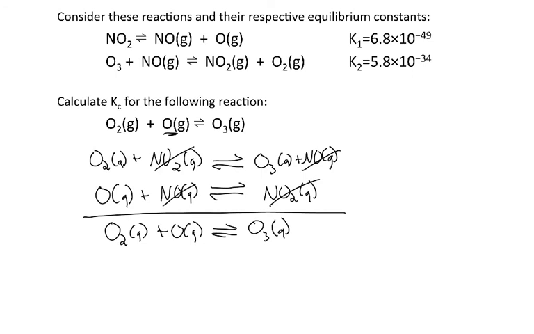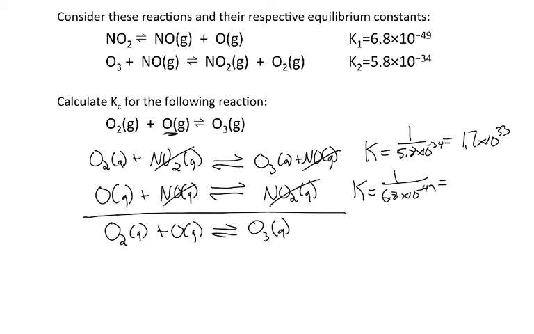So the K for this reaction is 1 over 5.8 times 10 to the minus 34, and that's equal to 1.7 times 10 to the 33. The K for this reaction is 1 over 6.8 times 10 to the minus 49, or 1.5 times 10 to the 48.